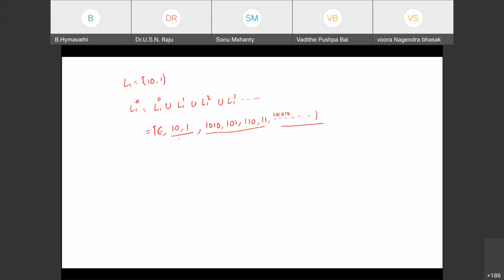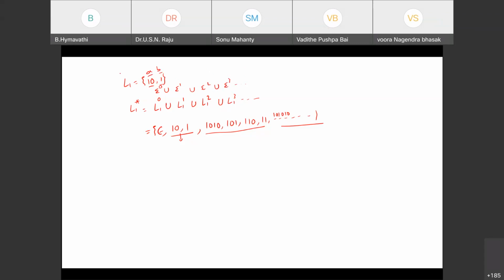So how did you get this 101? Using the strings one time. Previously it was just replacement: sigma power 0 union sigma power 1 union sigma square union sigma cube, like this. If you have any confusion, assume it is {a, b}, the first string is a and the second one is b.